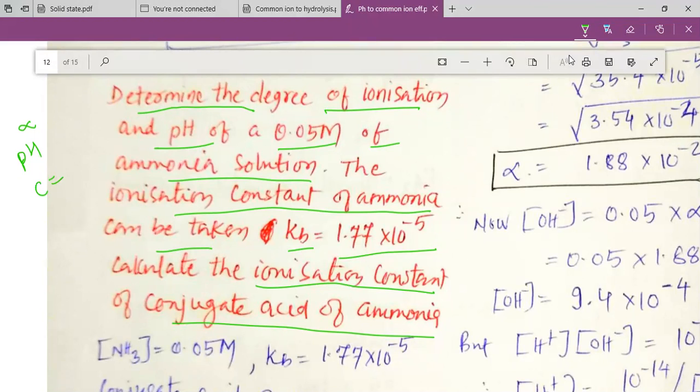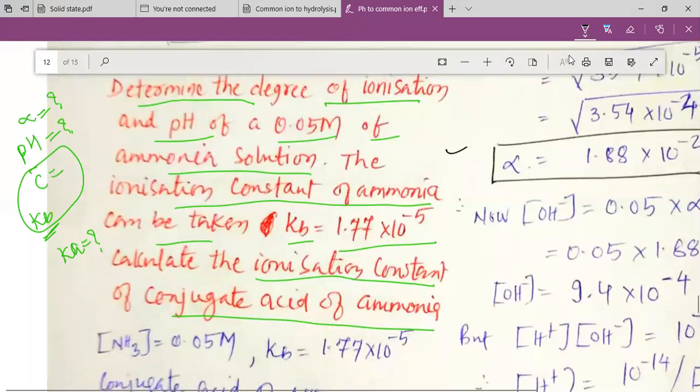Ammonia is a base, so we are given the value of Kb. Calculate the ionization constant for the conjugate acid. So you need to find out the value of Ka as well. These values are given to you, so let us use them to find the answers.